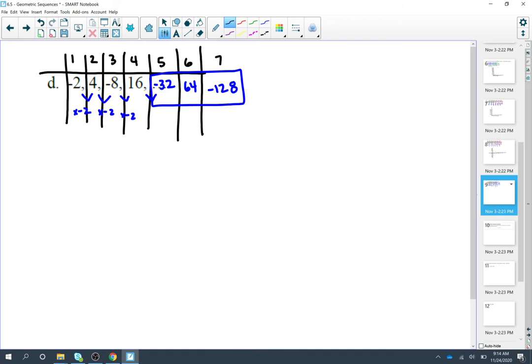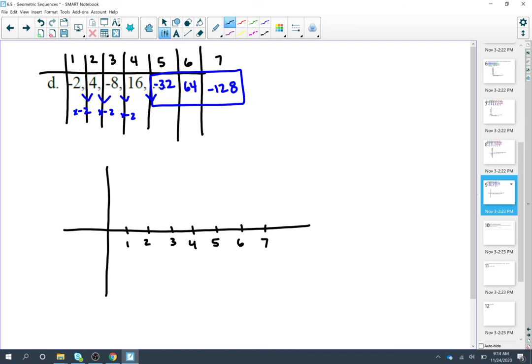So once again, because we're kind of flip-flopping, I'm going to do a graph with my x-axis in the middle. 1, 2, 3, 4, 5, 6, 7. This time it looks like we've got to get out to like 128. So maybe we count by 20s. 20, 40, 60, 80, 100, and then 120, and then 140.